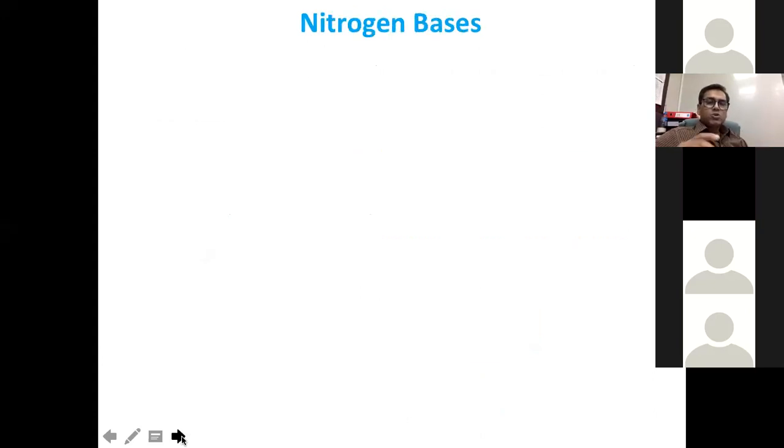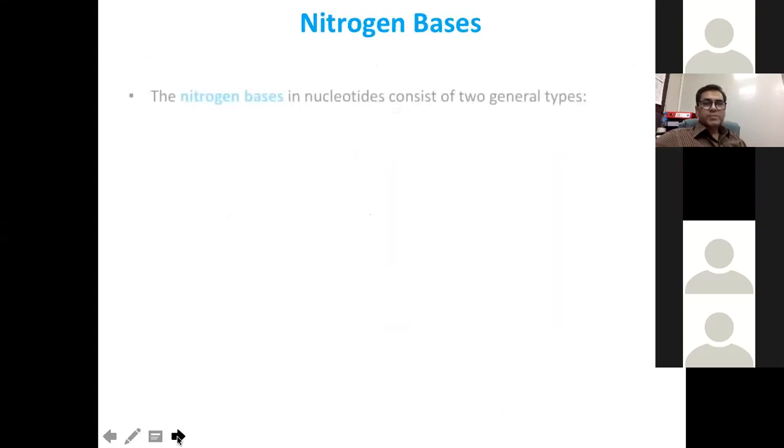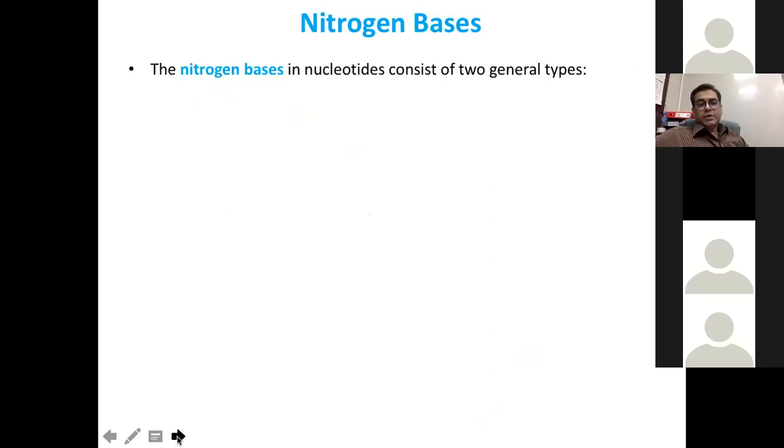Now let's talk about the nitrogenous bases. We discussed that we have a sugar which is pentose, we have a phosphate group, and let's talk about this part of a nucleotide, which is a nitrogenous base. What are these nitrogenous bases? We have two types of nitrogenous bases in general in a molecule of DNA. They can be purine nitrogenous bases.